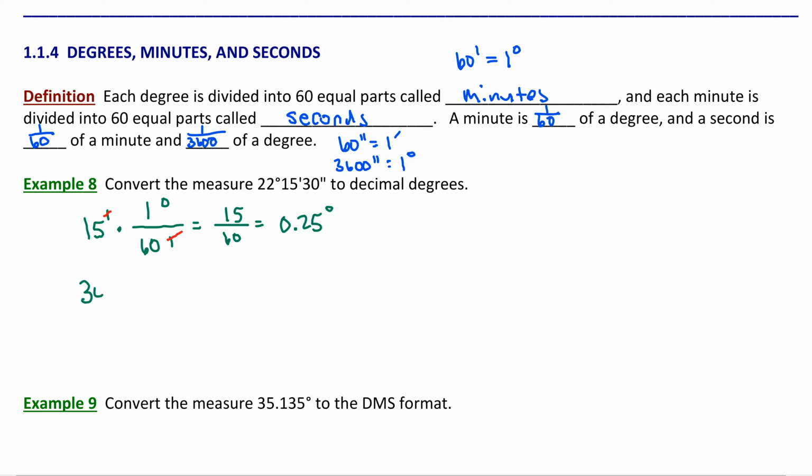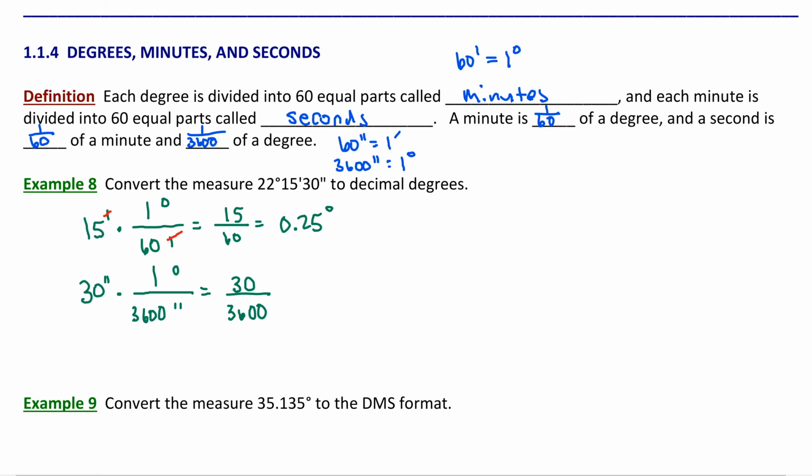So we have 30 seconds, and we want to convert that to degrees. So remember, we put the units that we want to cancel in the denominator, our goal units in the numerator, and then we fill in the conversion factor. In 1 degree, we know there's 3,600 seconds. So multiplying our fractions, we need to evaluate 30 divided by 3,600.